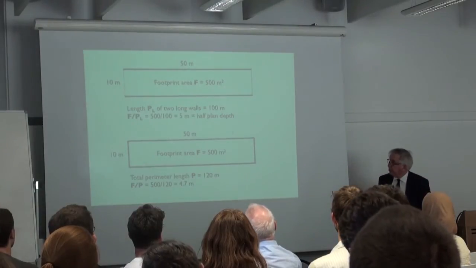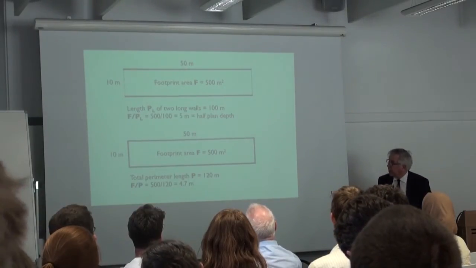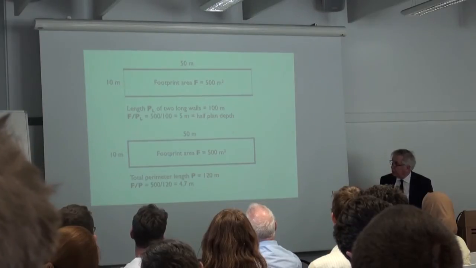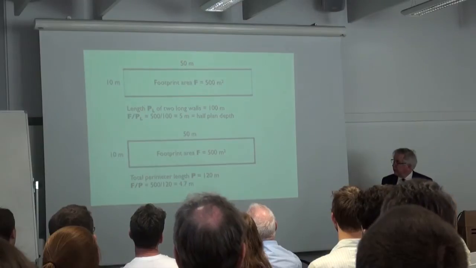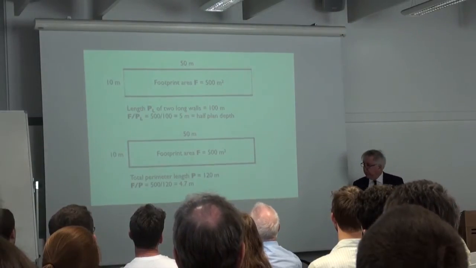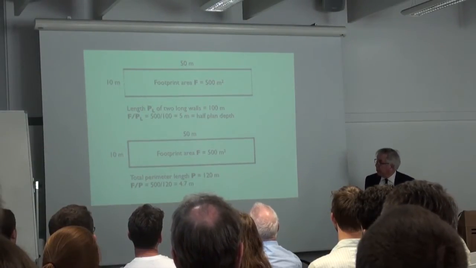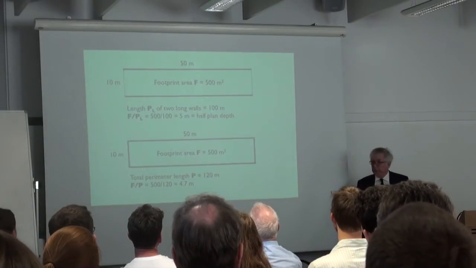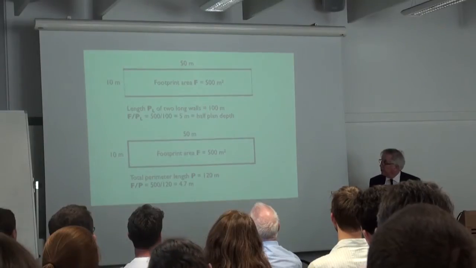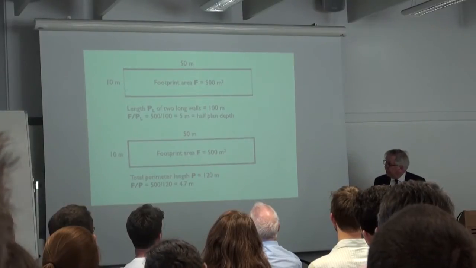And I'm going to use this method. Look at the top here for the moment. A long building, 10 meters deep, 50 meters long, and it has a footprint area therefore of 500 square meters. Now, just for the moment, let's measure the length of the two long walls, which are 50 plus 50 is 100.